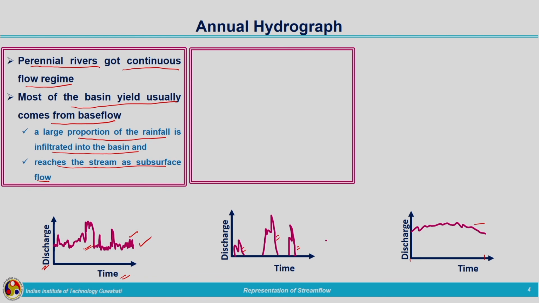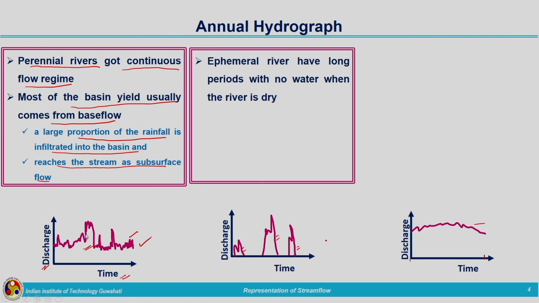In the second one, we are experiencing stream flow during certain periods only. These correspond to ephemeral rivers, which have periods with no water when the river is dry. You might have observed certain rivers are dry during the non-monsoon season. So, the river will be flowing only during the rainy season.